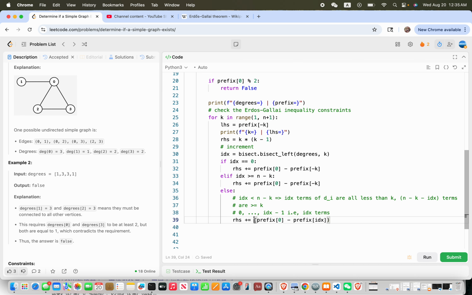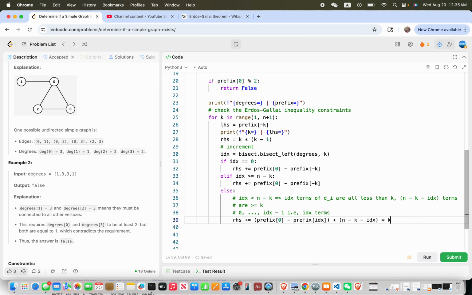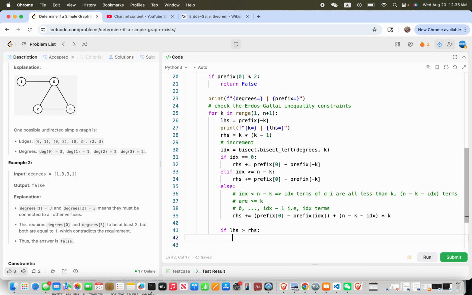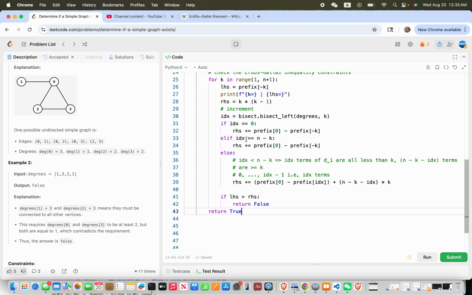Those are the di's that are smaller than k. The other n minus k minus idx terms are greater than or equal to k. In this case, we should choose k, so we just write k, and then we just need to compare, right? If the left-hand side is greater than the right-hand side, we should return false, and otherwise we just need to return true after we exit this for block.